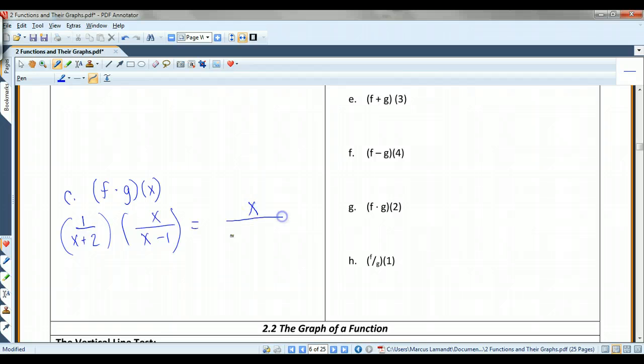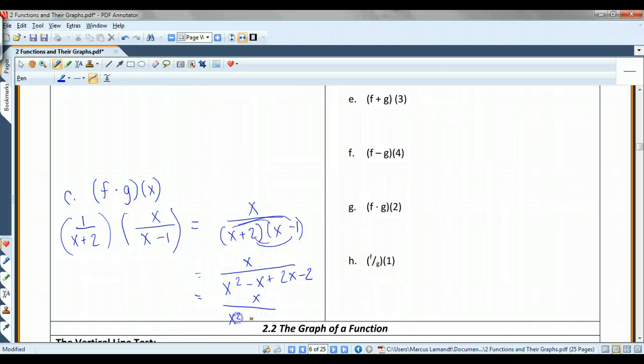So I've got x over x plus 2 times x minus 1, and then you can FOIL this. So I've got x over x squared minus x plus 2x minus 2, or x squared plus x minus 2. There you go.